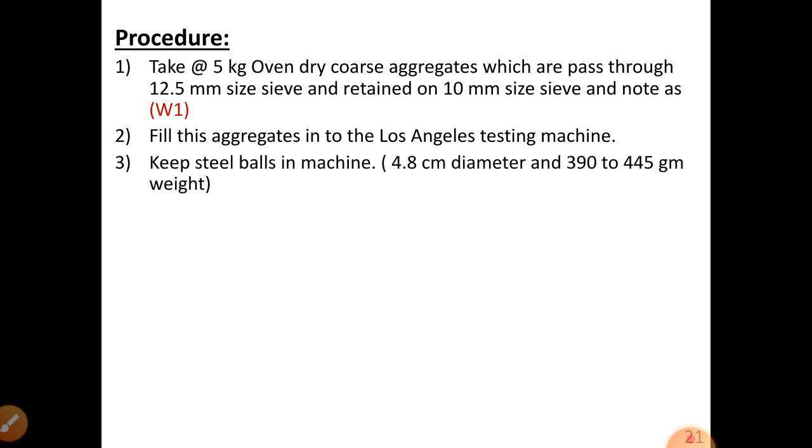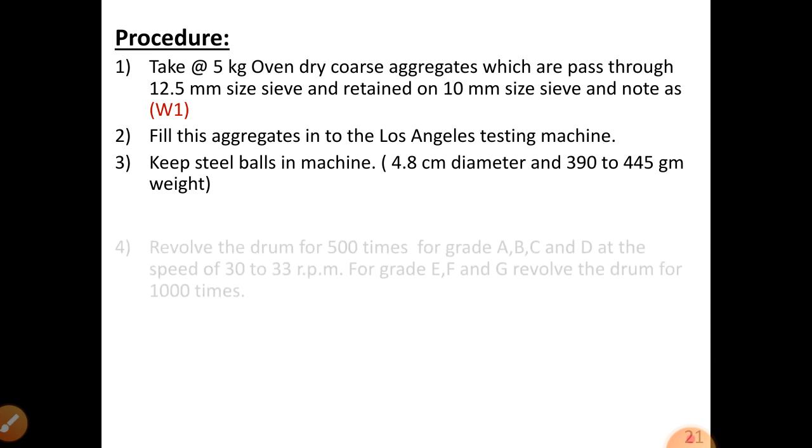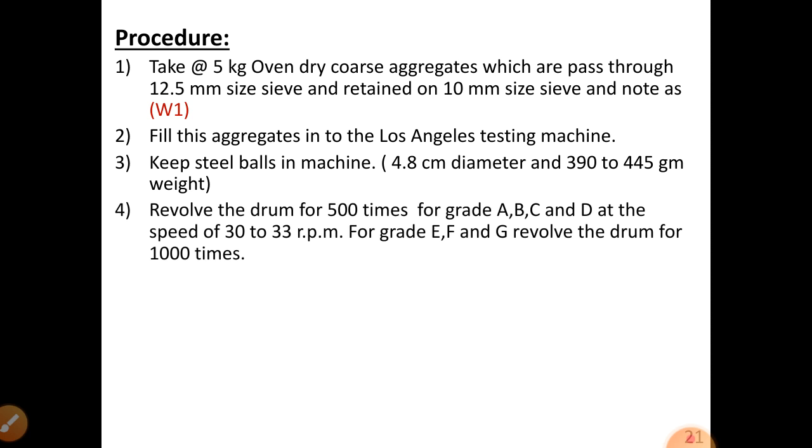Keep steel balls in machine, 4.8 cm diameter and 390 to 445 grams weight. Revolve the drum for 500 times for grade A, B, C and D at the speed of 30 to 33 revolutions per minute. For grade E, F and G, revolve the drum for 1000 times.